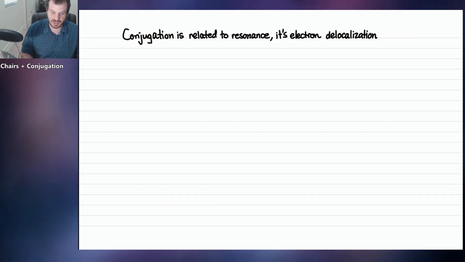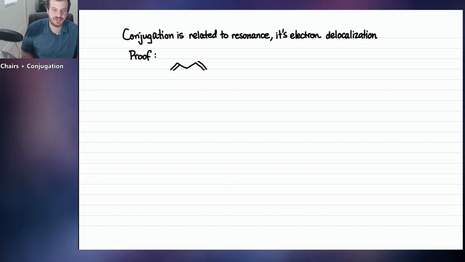And that is stabilizing. So here is some proof that conjugation is stabilizing. And for this, we're going to take a look at our first chemical reaction in this class, first organic reaction. So let's take a look at this organic compound here.